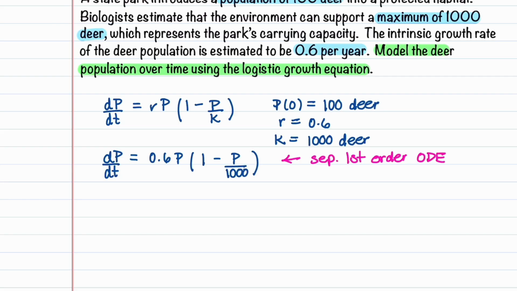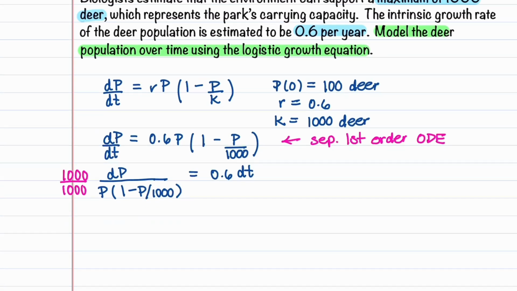This gives us dp all divided by p times 1 minus p over 1,000 is equal to 0.6 times dt. To make things easier on the left-hand side, let's multiply the top by 1,000 and the bottom by 1,000.